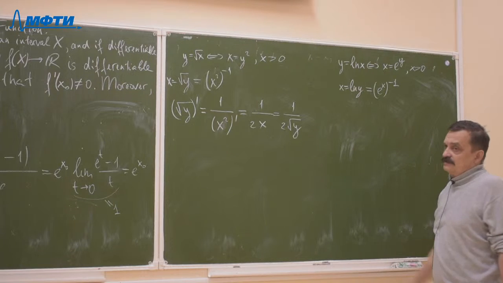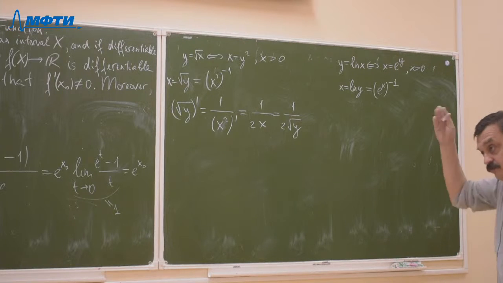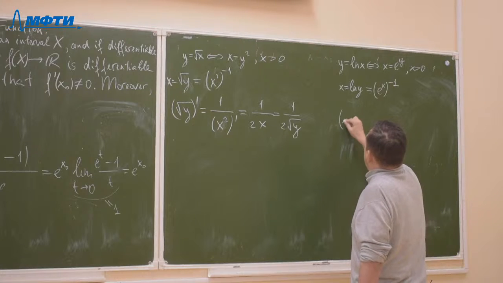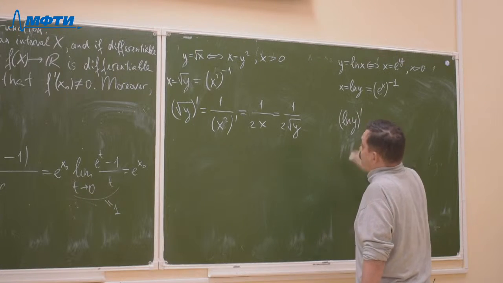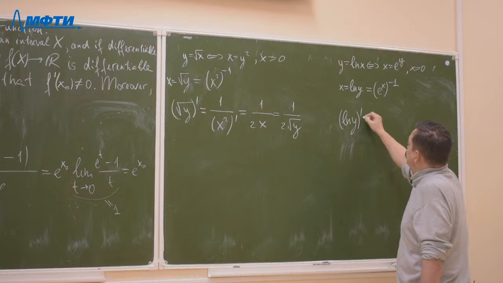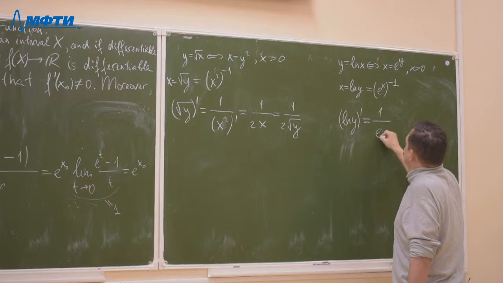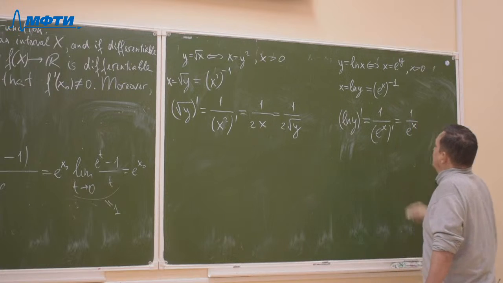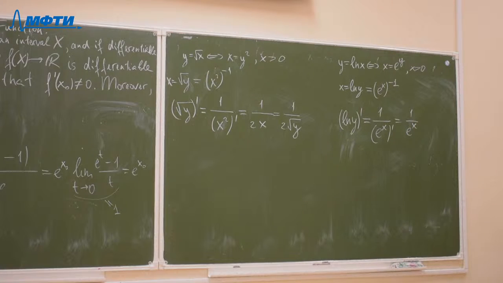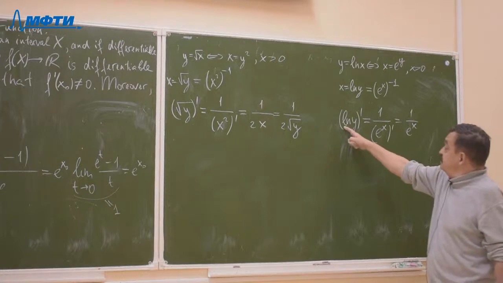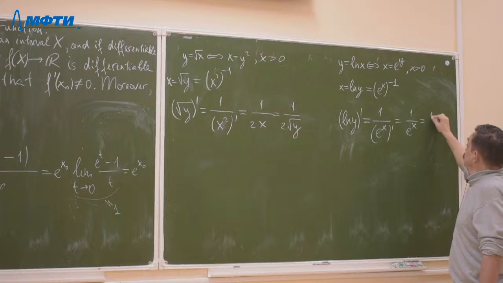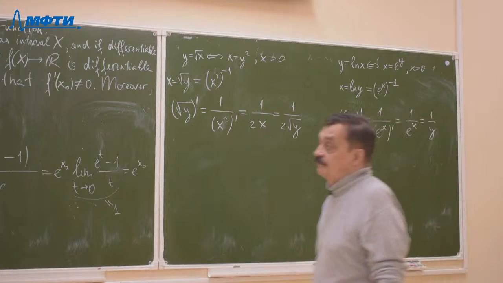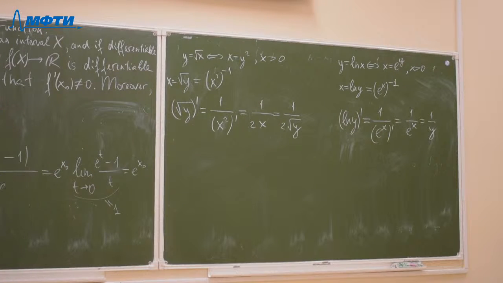Here minus 1 is just the inverse, not 1 over. So by the inverse function theorem, the derivative is 1 over (e to the power x) prime, that is 1 over e to the power x, and e to the power x, if x equals logarithm y, is just y. That is how we prove equality four.